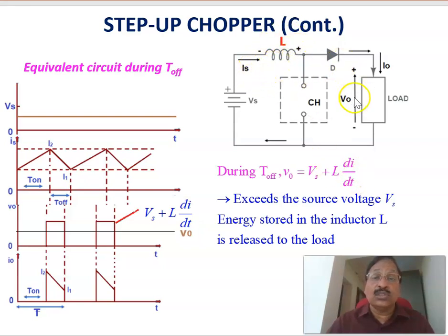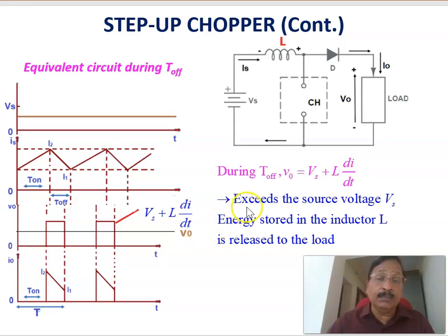As per Kirchhoff's law, if you take this one, this is a potential rise, here minus to plus is a rise, and here plus is a drop. So the output voltage is equal to the summation of the supply voltage Vs plus L di by dt, that is shown here.